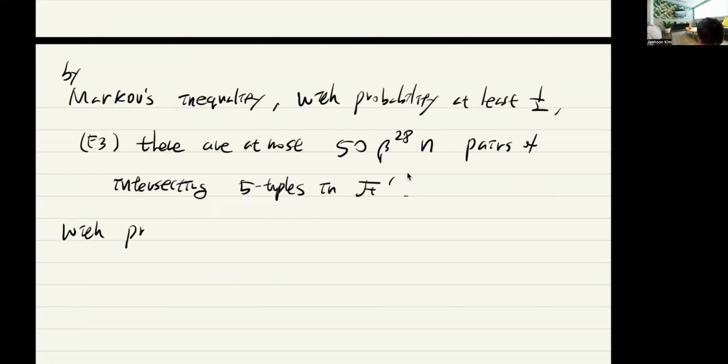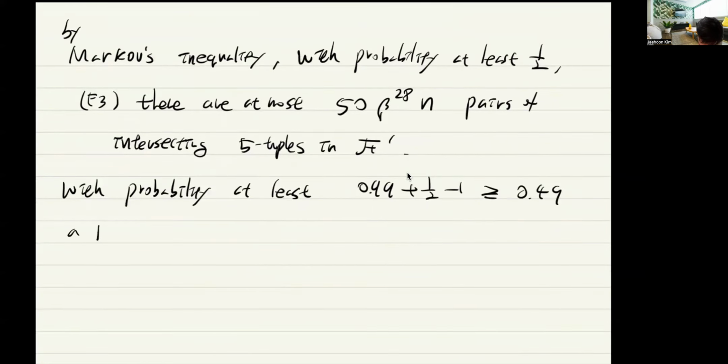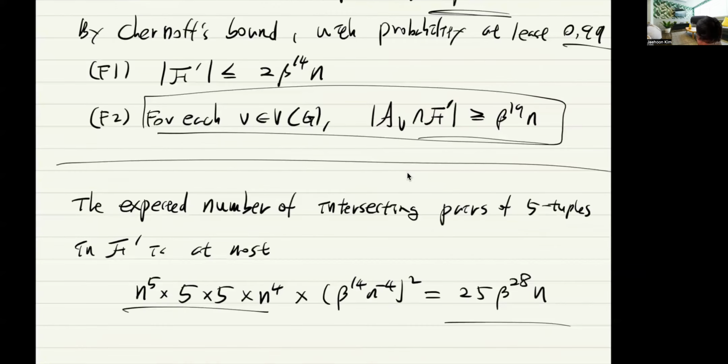Then with probability at least 0.99 plus half minus 1, which is a positive number, a random family F prime satisfies these three properties, F1, F2, F3.